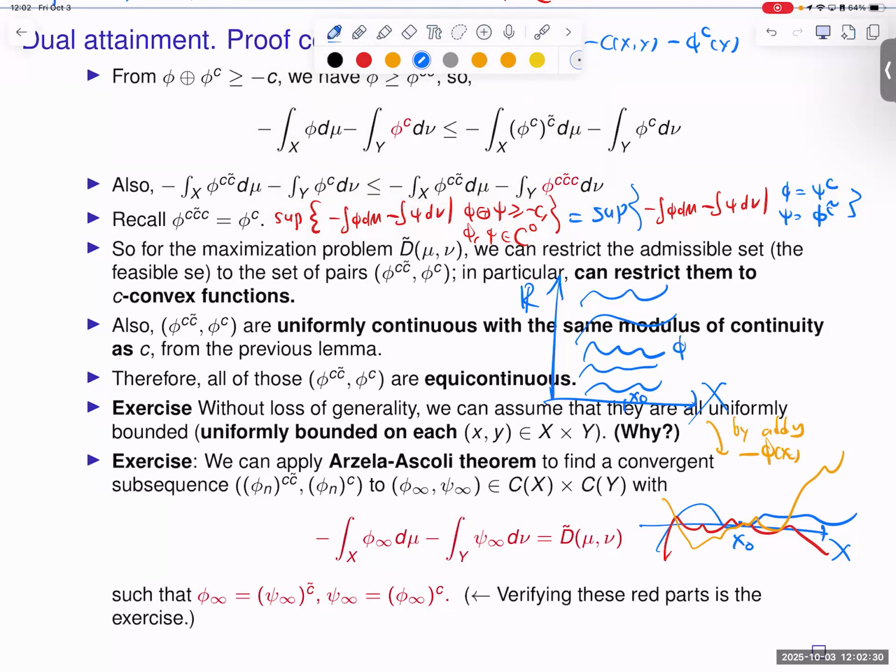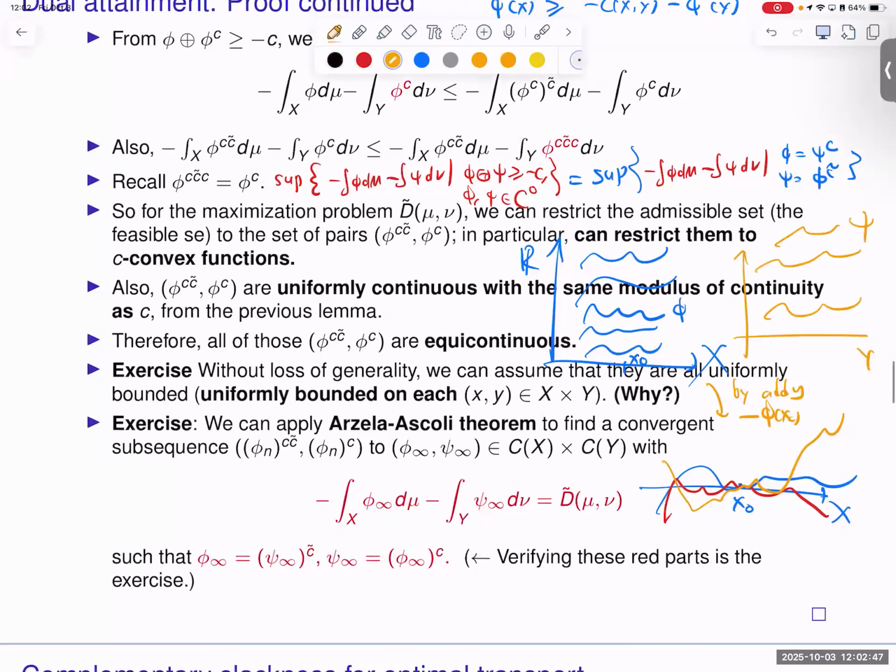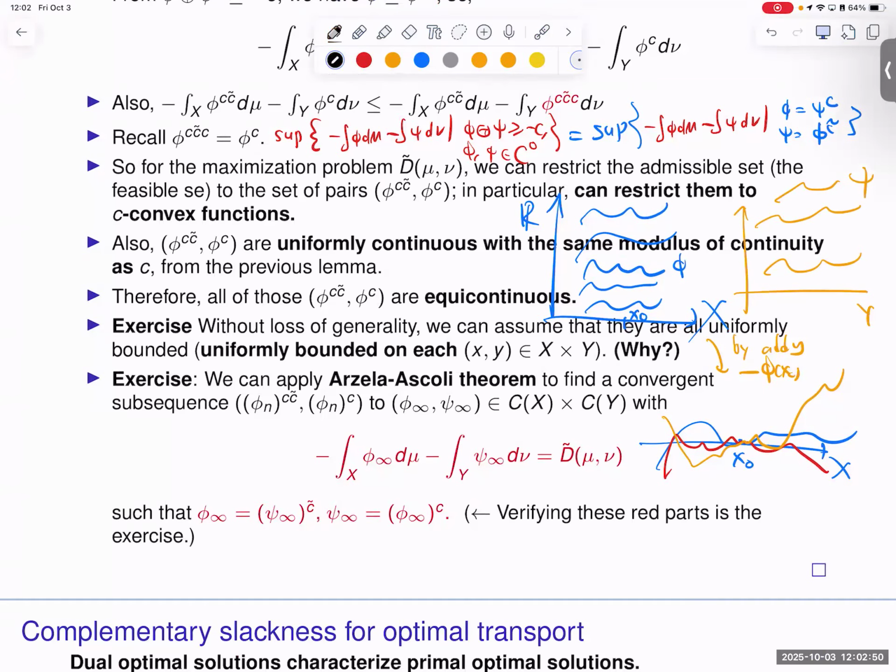The constant depends on phi, right? And then you have all the other functions psi. You just fix y0, and then you make all these psi functions also pass through such a reference point, by adding negative psi(y0).